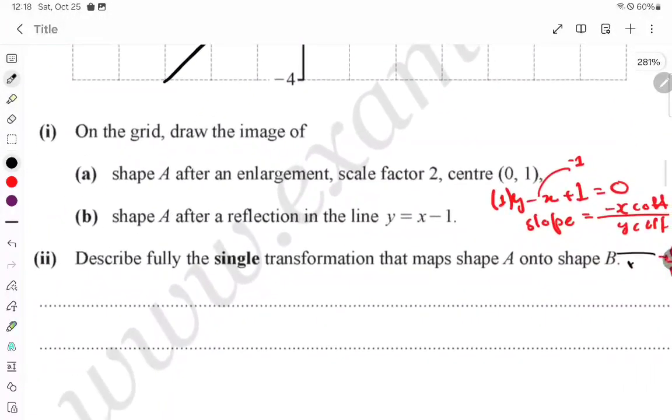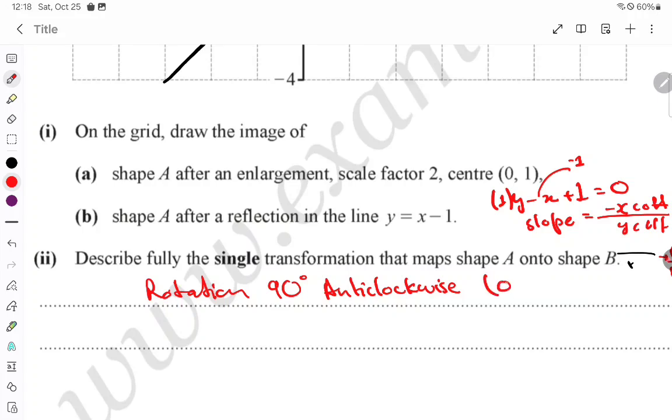And in part 2, describe fully the single transformation that maps shape A onto shape B. So we can say that it is a rotation of 90 degrees in the anti-clockwise direction with respect to the origin.